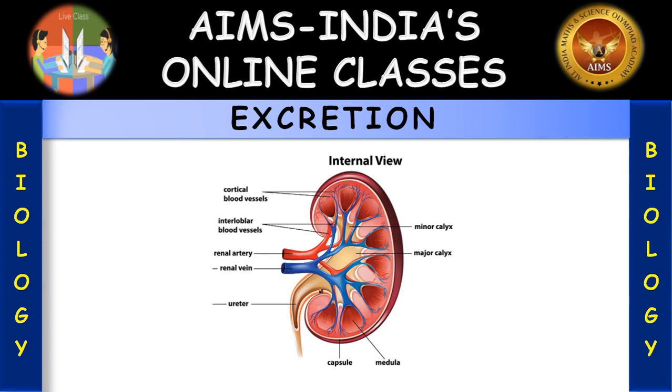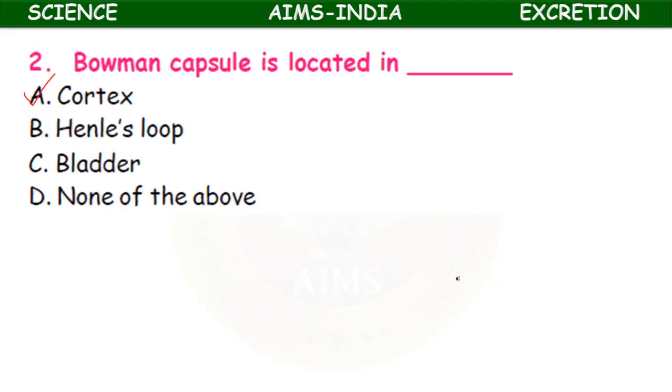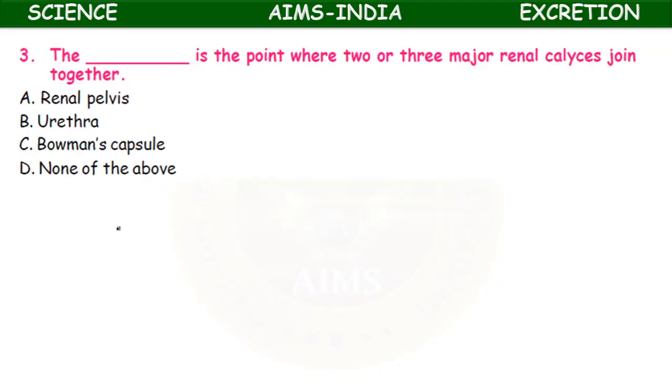The renal pelvis is the region where three or more renal calyces, minor and major calyces, join together and open into the renal pelvis. This renal pelvis opens into the ureter.